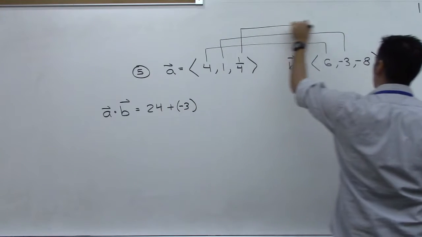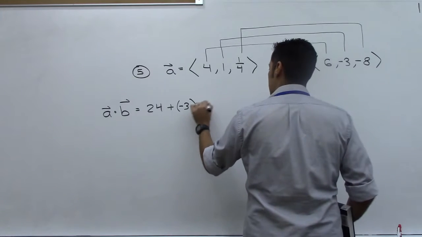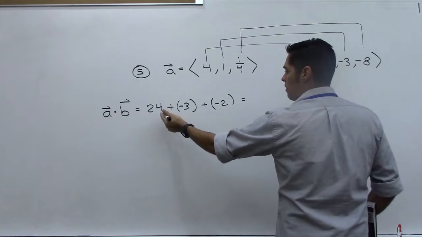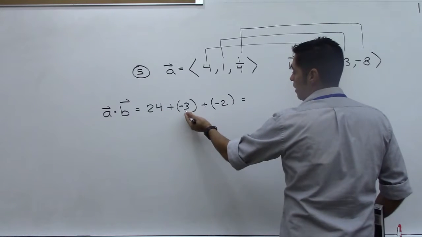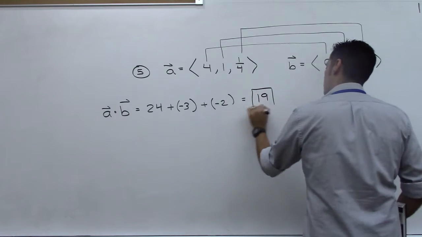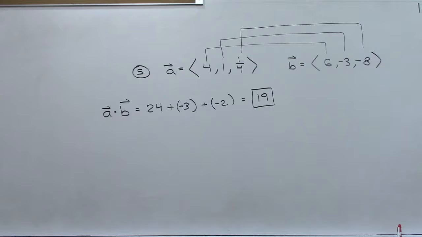And then 1/4 times -8 is -2. So I'm going to be adding -2. And then, so this is 24, take away 3, that's 21. Take away 2, this is 19. Okay, that was number 5. Let me see what's next.